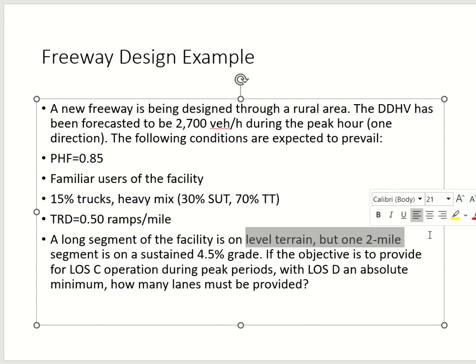So I will calculate 3 FHVs. One for level, one for upward gradient, and the third one for downward gradient. The gradient is the same, the direction will change. Okay, so it will change the EHV, right?